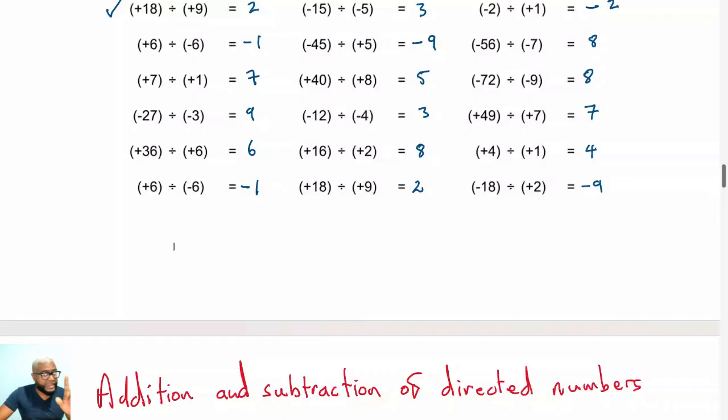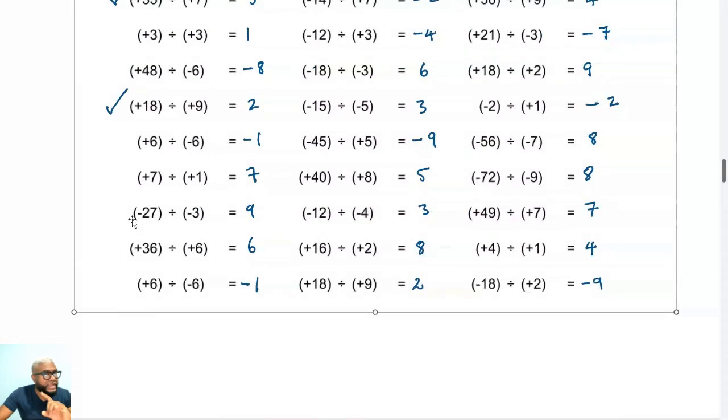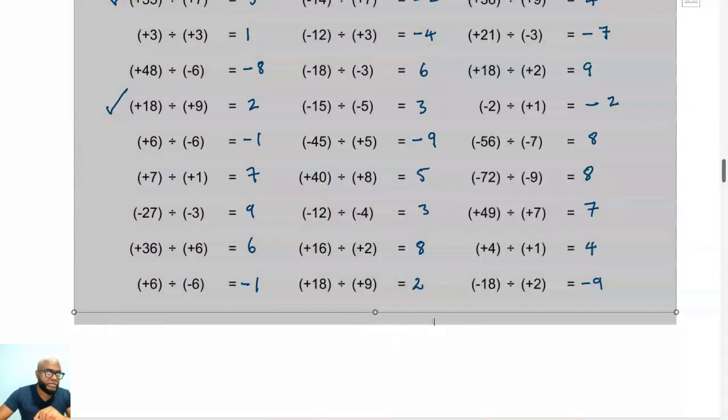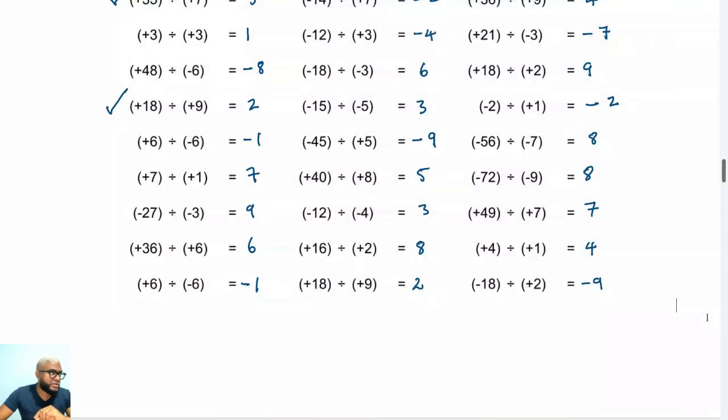So, I'm saying it again. Multiplication and division is in no way related to addition and subtraction. Meaning, there's no way you could go into a multiplication or division question and say, keep the sign in front of the larger number for your answer. You hear me? Yes, sir.